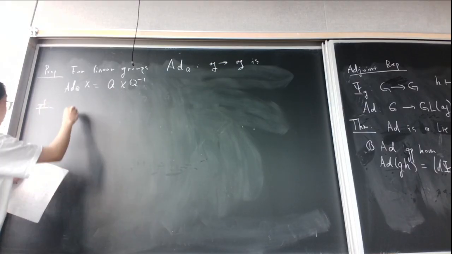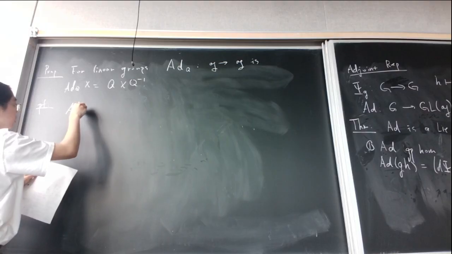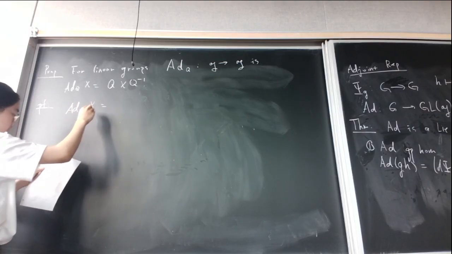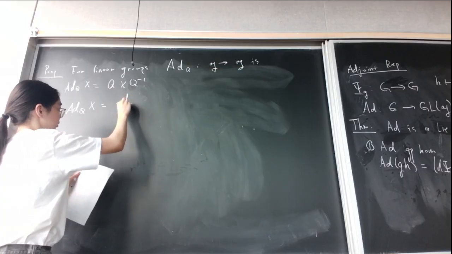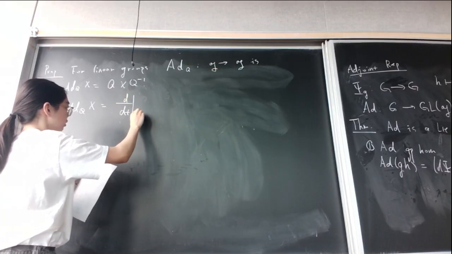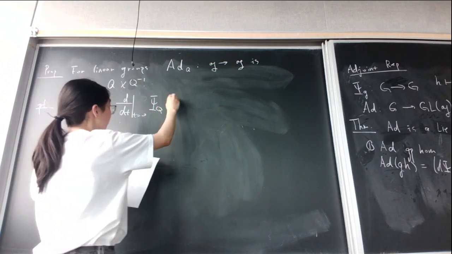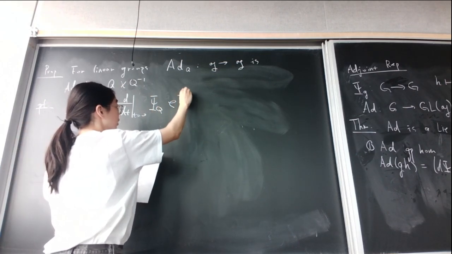The proof is: by definition, d dt at t equals 0 of conjugation by q applied to e to the tx.